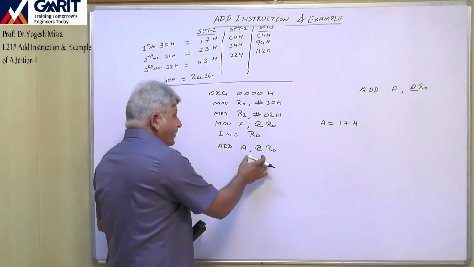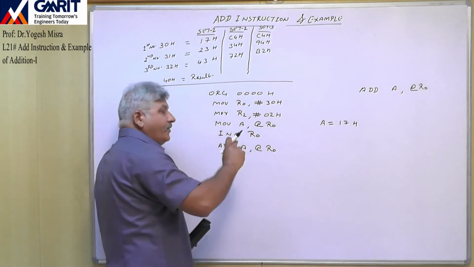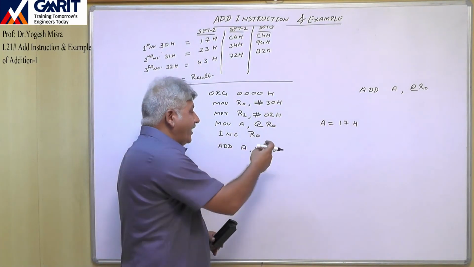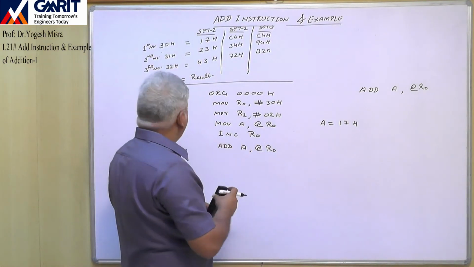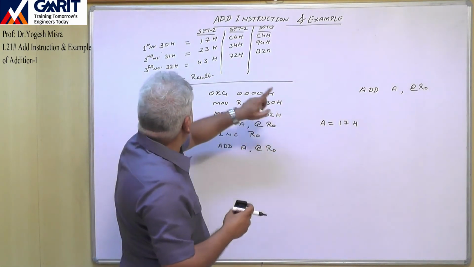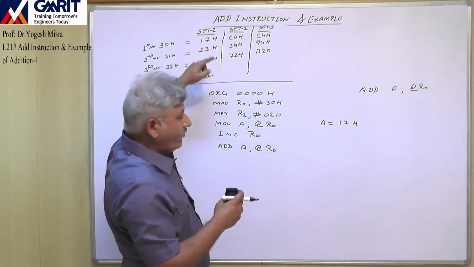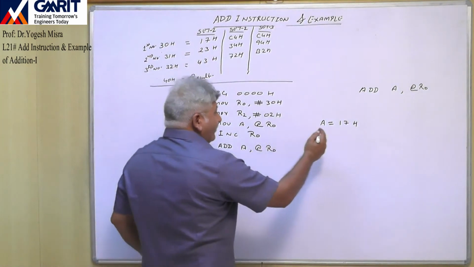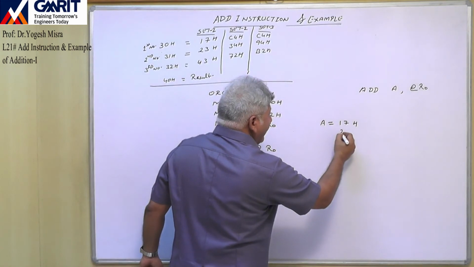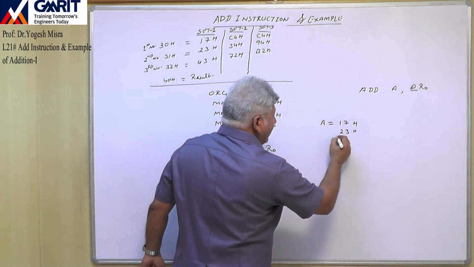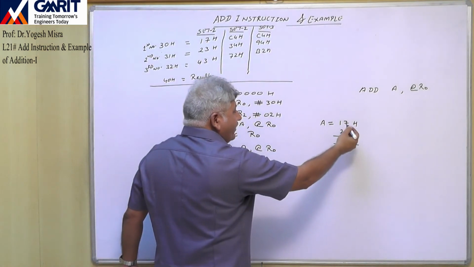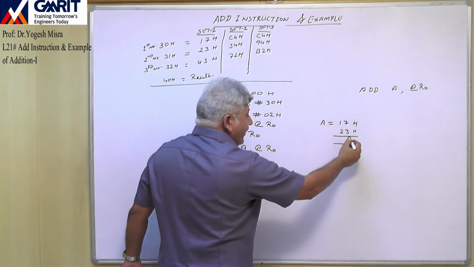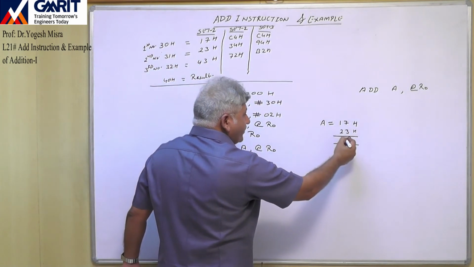So here the content of A will be added with the content of memory whose address is defined by R0. Now in R0 we have 31. So 17 will be added with 23 now. After the addition, 17 will be added with 23H, and the result is 7 plus 3, 10, that is A, and 1 plus 2 is 3.